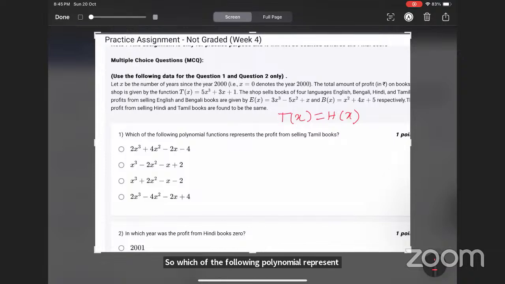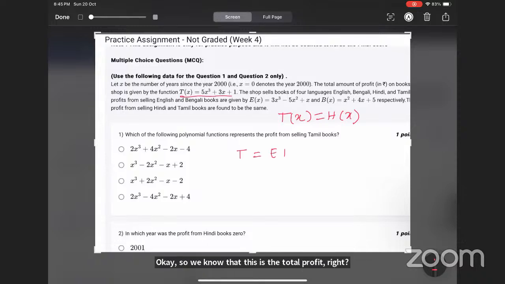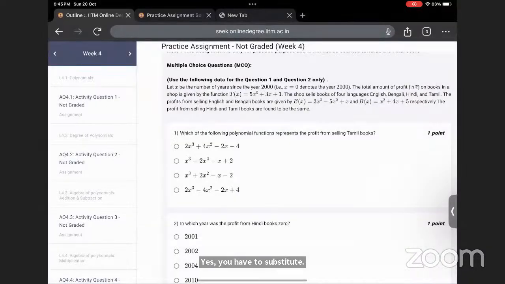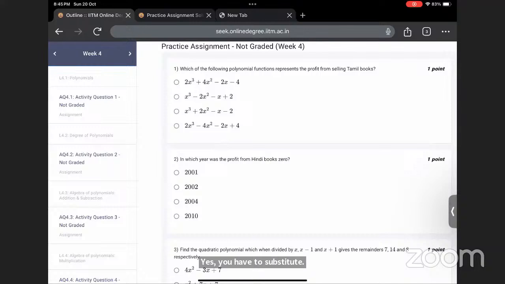We know that this is a total profit, so T basically equals E plus B plus T plus H. Then we just have to subtract, and calculate the addition of polynomials. So it's easy, right? We'll go for some tough one.